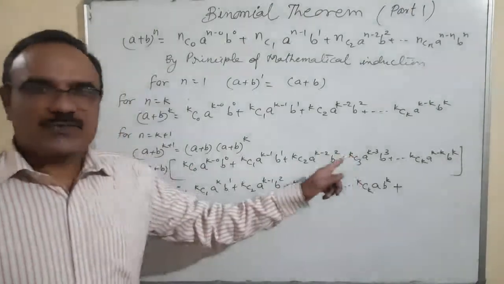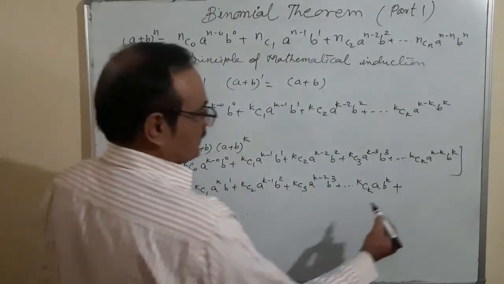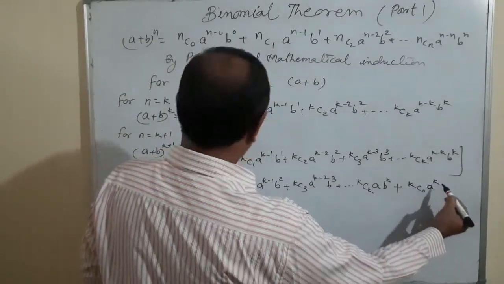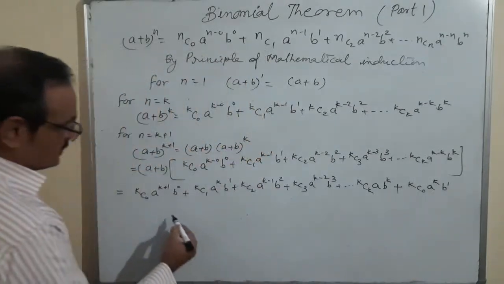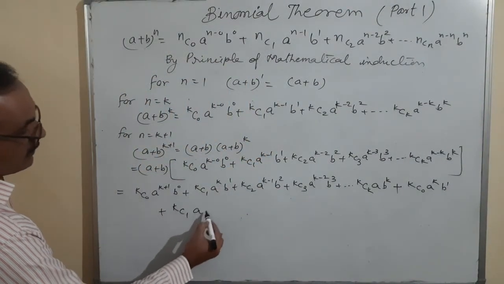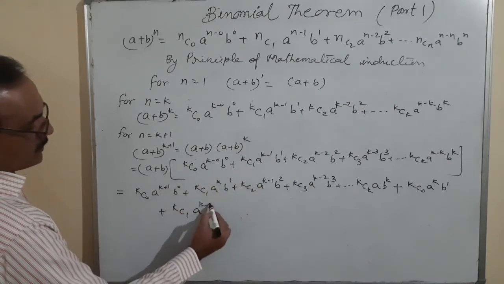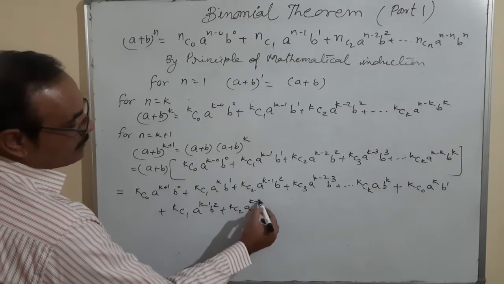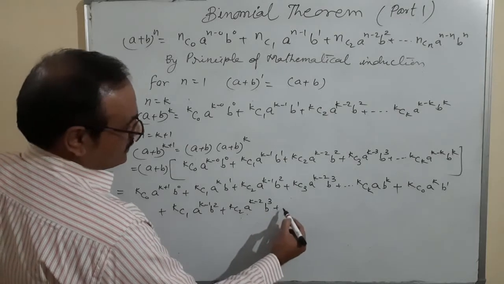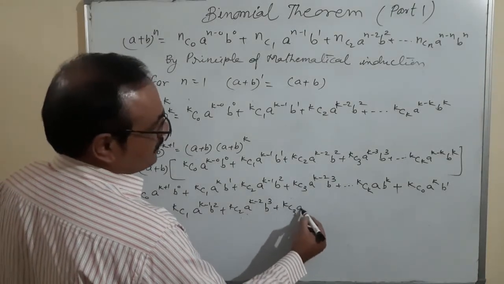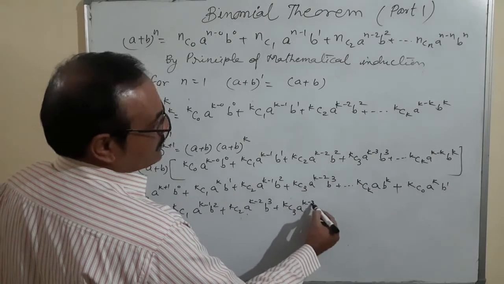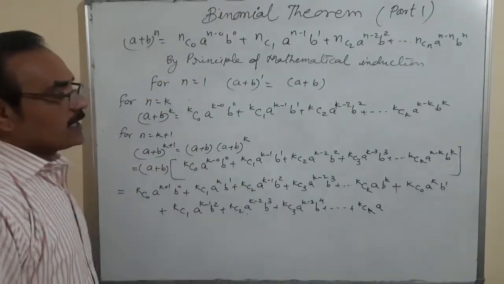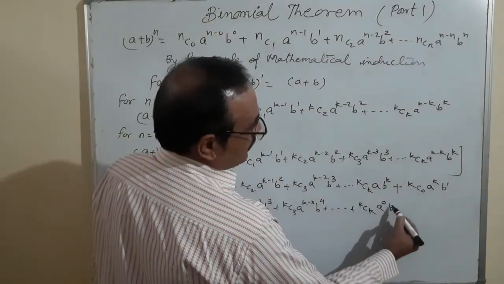Plus, this complete expansion is multiplied by b. So now what is coming? kC0 a to the power k and b to the power 1, plus kC1 a to the power k minus 1 b to the power 2, plus kC2 a to the power k minus 2 b to the power 3, plus kC3 a to the power k minus 3 b to the power 4, and plus kCk a to the power, what is the last term? a to the power 0 and b to the power k plus 1.